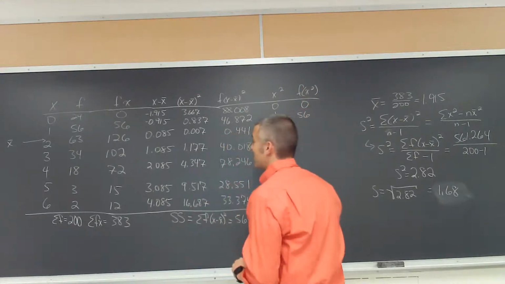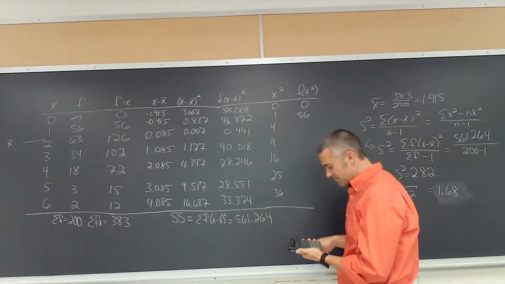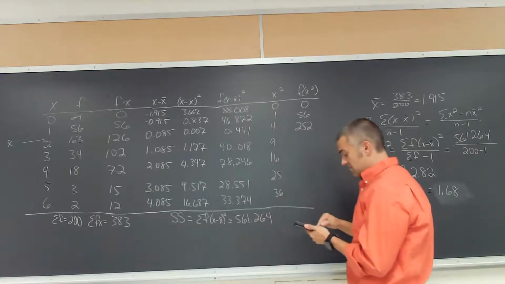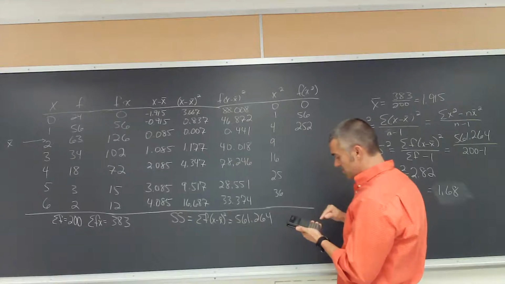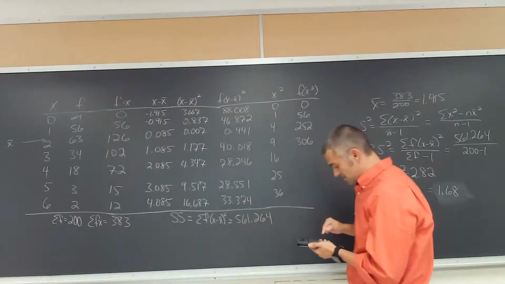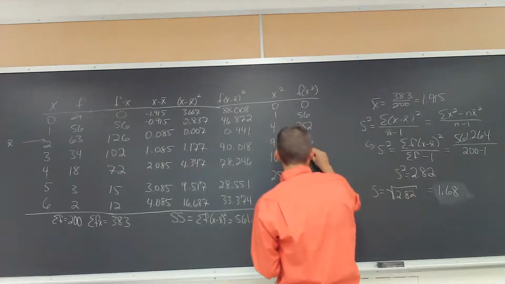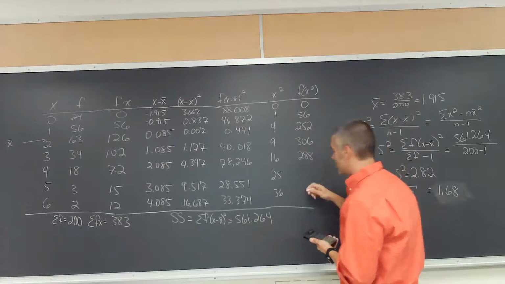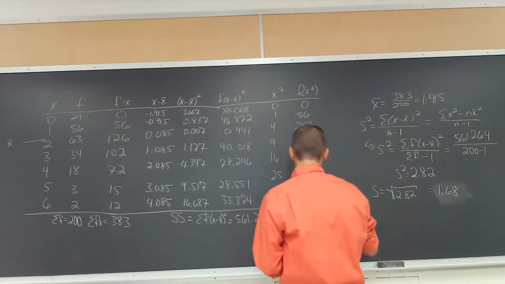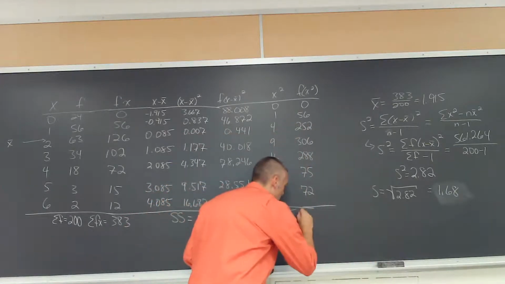Now you pull up your calculator. 63 times 4. 306. 16 times 18. 288. 25 times 3 is 75. 36 times 2 is 72. All right, so we have that. Now what we can do is sum that column up.